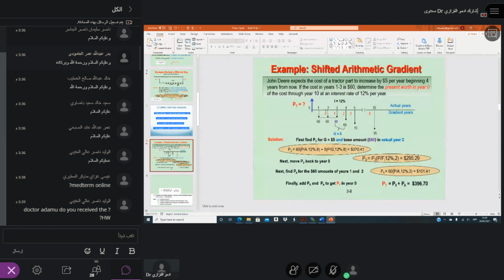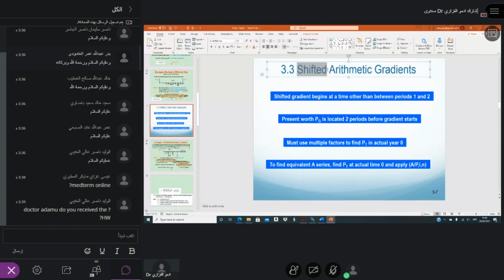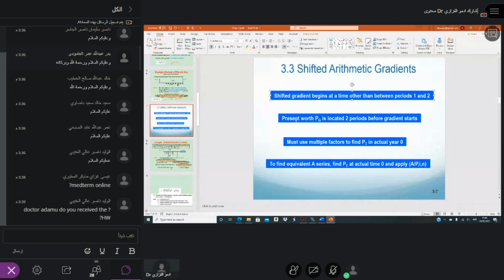The gradient did not start at this time; it started around period 3, where you have 60, 65, 70, 75, increasing from period 3. If the gradient starts at any period other than between period 1 and 2, you call it a shifted arithmetic gradient. It has moved.